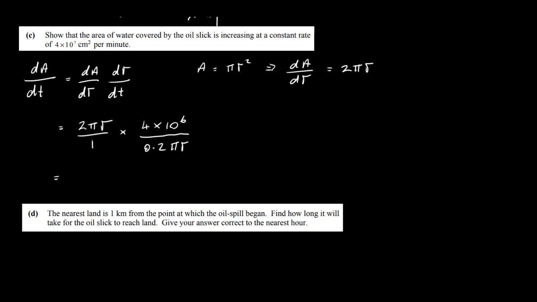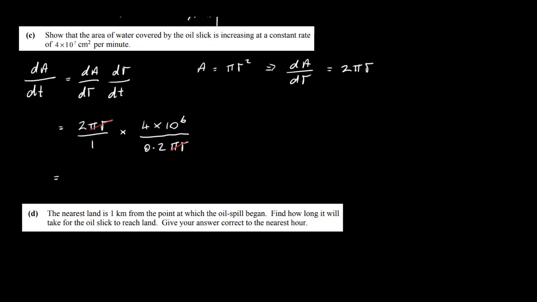Now if you look at that, you can see there's a pi times r on the bottom, and there's a pi times r on the top. They're all multiplied, so we can just cancel these, or divide that pi r into that pi r, and we'll get 1.